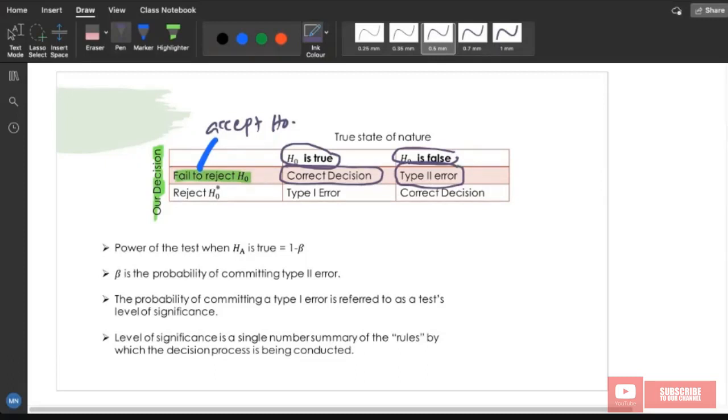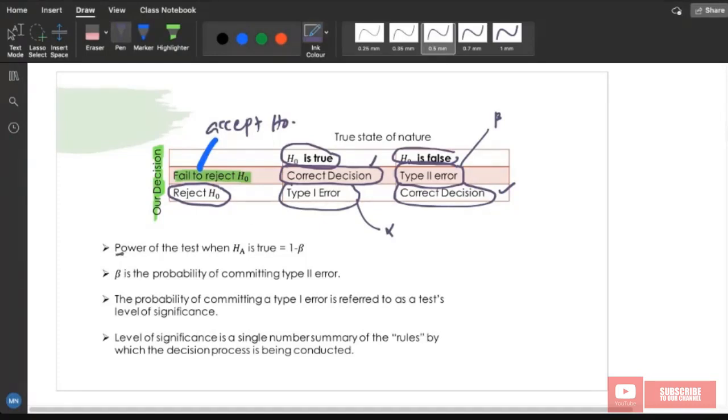In another situation, when we reject the null hypothesis and the null hypothesis is false, we are making a correct decision. When the null hypothesis is true but we reject it, this is what we call type 1 error. So this is just an illustration for you to understand the definition of type 1 error and type 2 error. Type 2 error is denoted as beta and type 1 error is denoted as alpha.